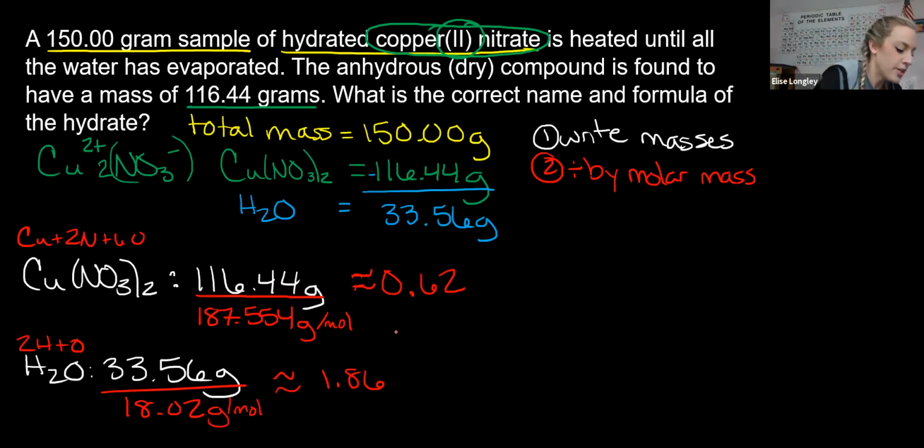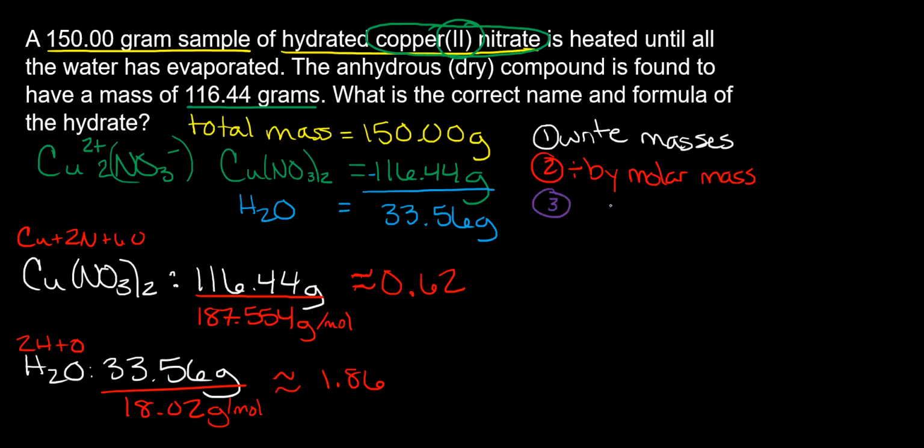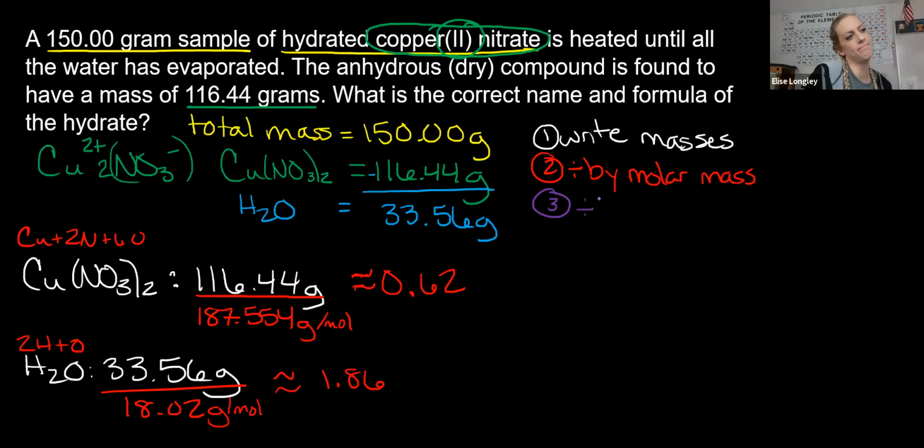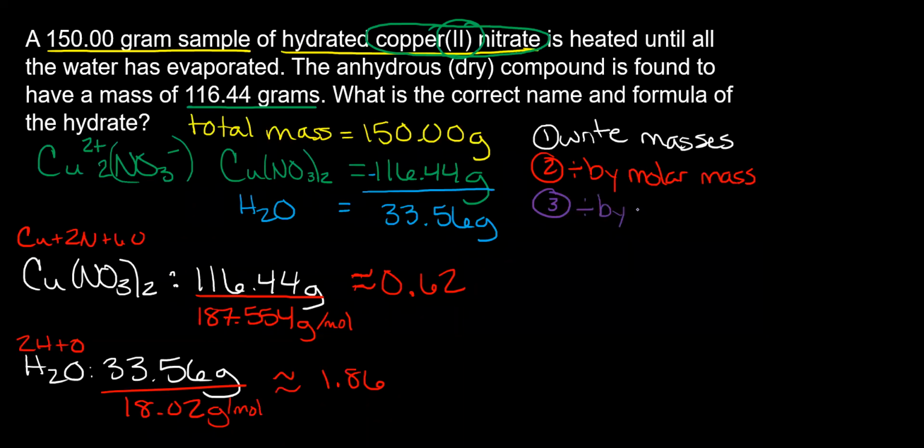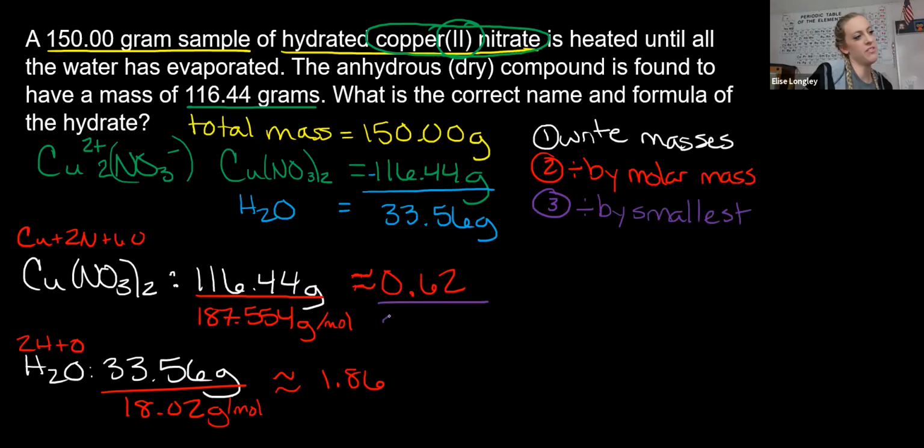So from this point, what do I do now, Lucas? Do you divide it? Yep, I divide by what? You divide it by the smallest one, which is 0.6. Yes, and when I do that, this one comes out to be 1, and this one comes out to be 3. Okay.